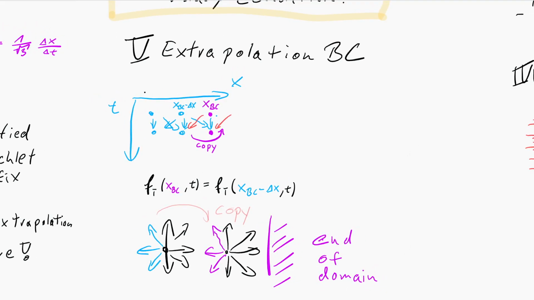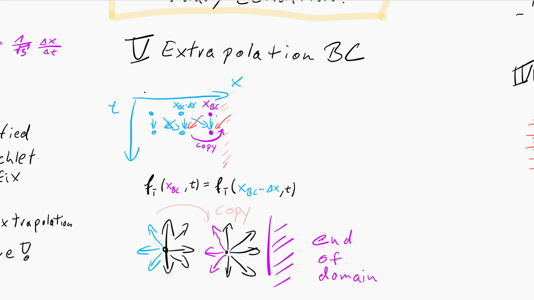If we look at the characteristic diagram, say here's the end of our domain, then we have a boundary condition at the position x_bc. This is where we have our last node. And this last node is missing in one dimension one of its entering populations, or in two dimensions it would miss three populations.